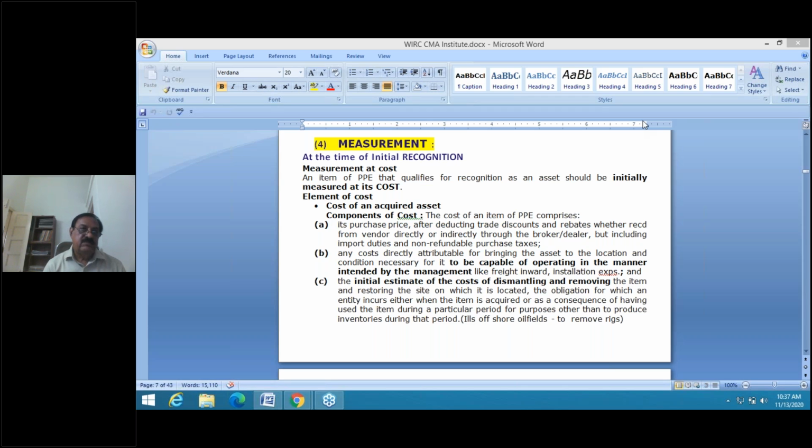So obviously freight inward, installation expenses, you have to make a platform, and then on that platform you have to put the machinery. Those expenses will be added to the cost of the asset.